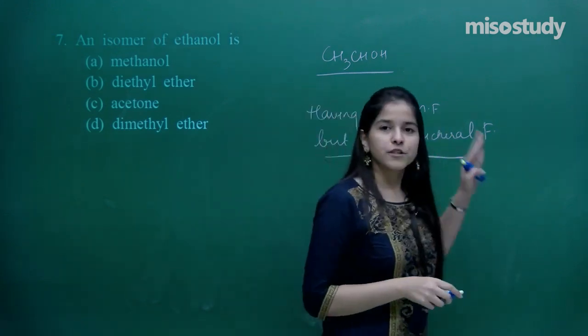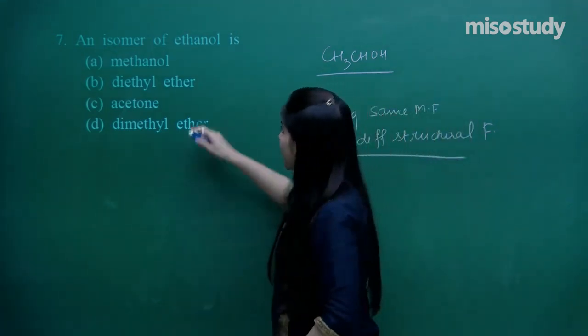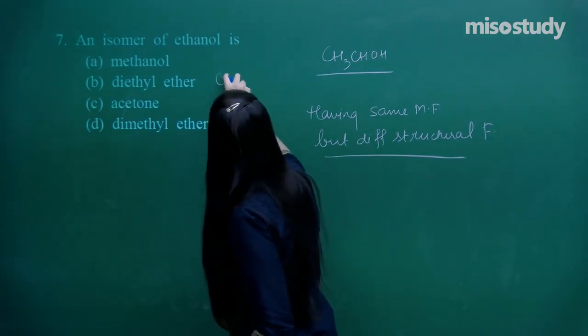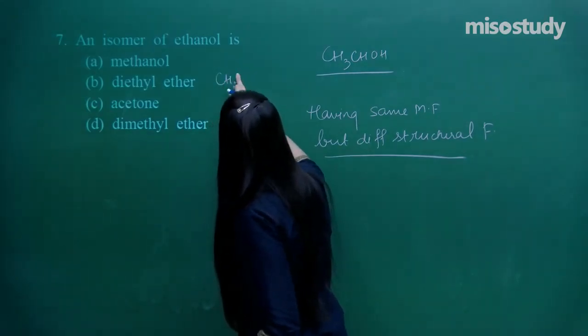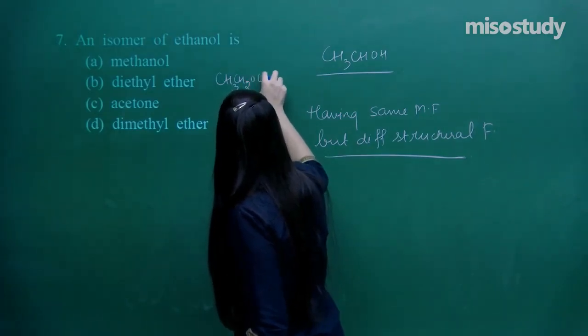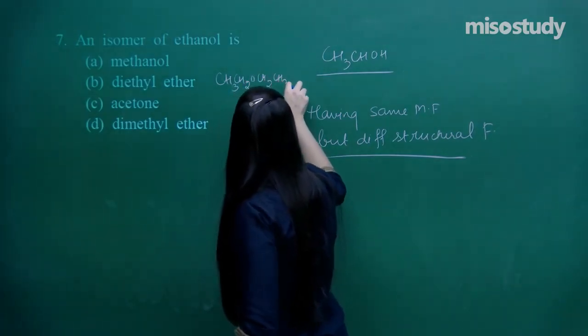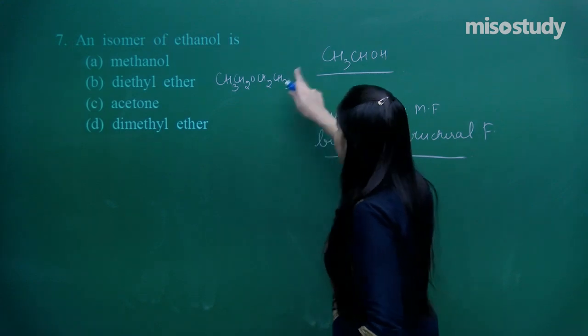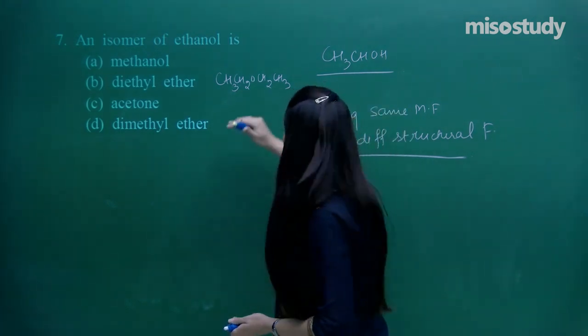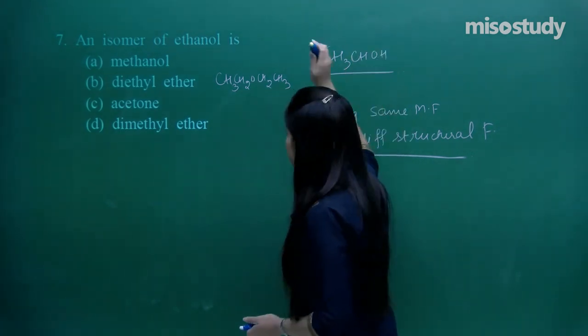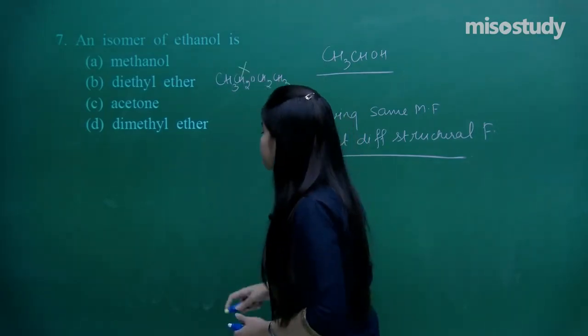We need to check for the same molecular formula. Let us have diethyl ether, that is CH3CH2OCH2CH3. Definitely it cannot be the isomer because it has 4 carbons and ethanol has only 2 carbons. So this is not the option.